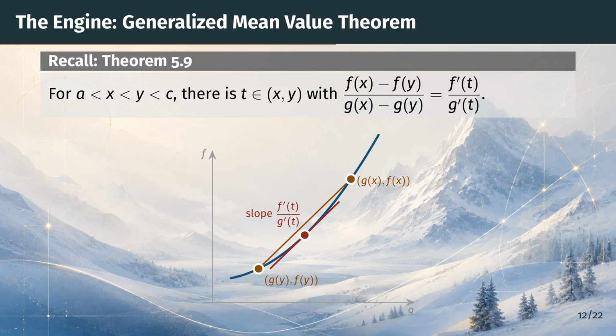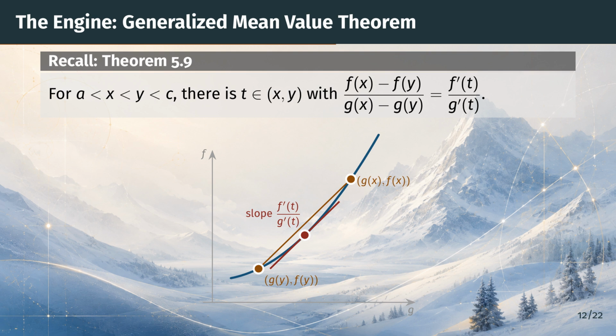Think of the pair g of t and f of t as tracing a curve in the plane shown in blue. The two amber points are the endpoints, and the amber line joining them is the chord. Its slope is exactly that ratio of differences. Theorem 5.9 promises a point on the curve, marked in red, where the tangent line runs parallel to the chord.